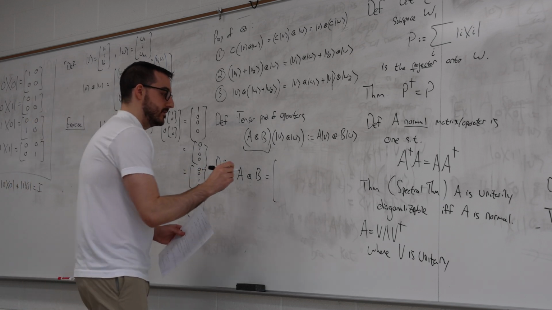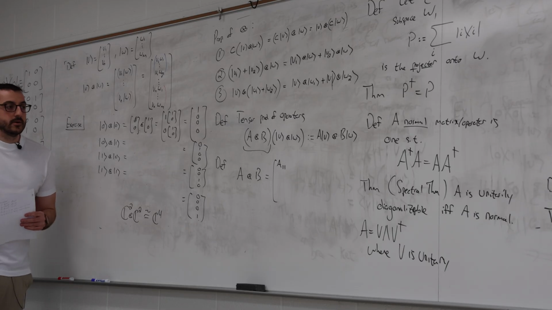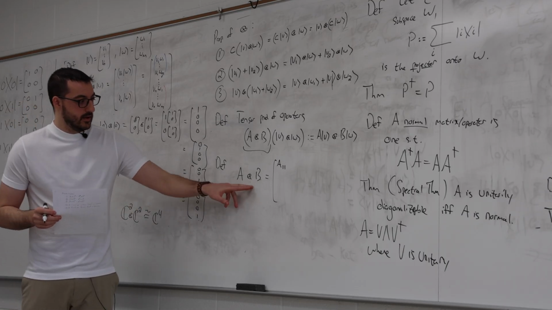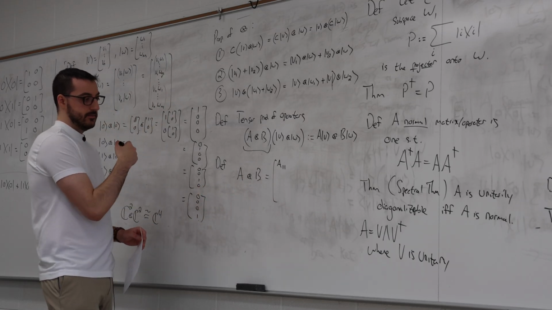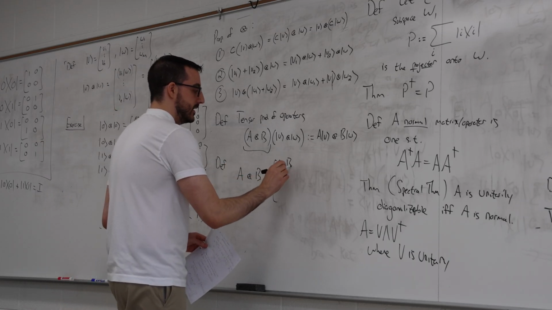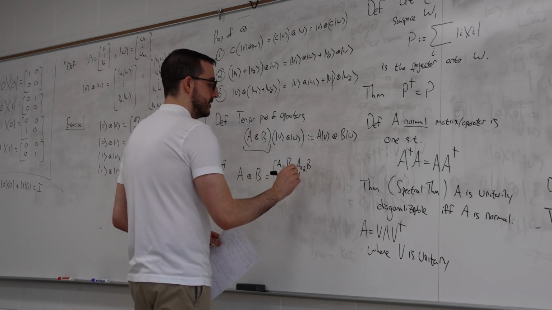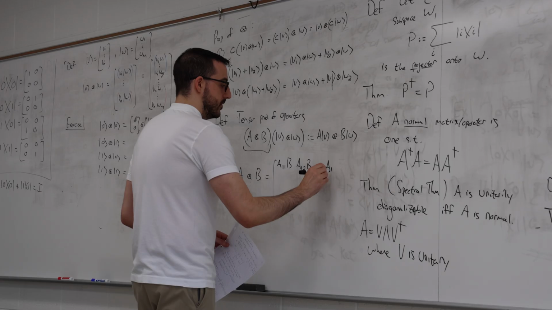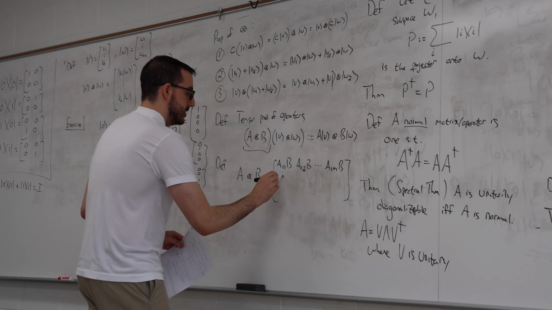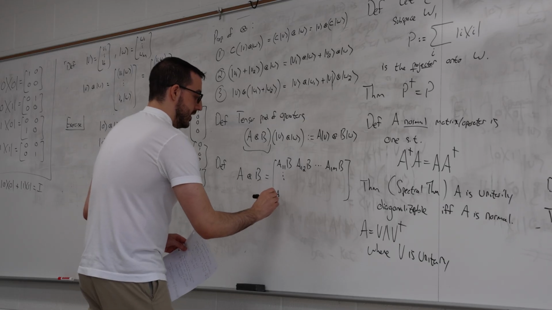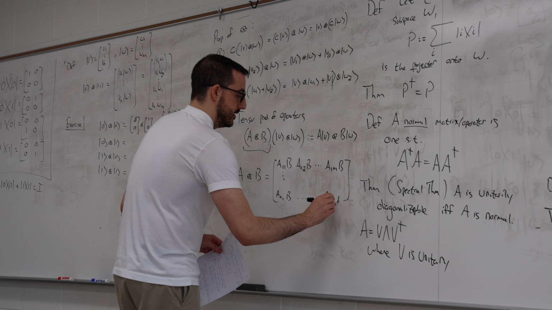So if I denote the first element of the matrix A as A11, then to evaluate the tensor product, it's the same thing as with vectors, essentially. I'll take A11 times that copy of B, then A12 times that copy of B, all the way up to A1M times B. And this will continue in all the rows, AN1 times B up to ANM times B.